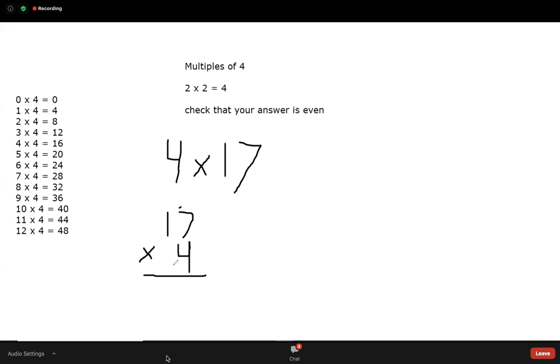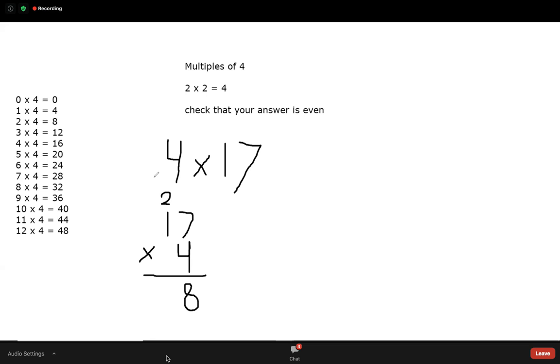So now let's go through how to do it. We want to do 7 times 4 to begin with, and that'll get us 28. So once we have 28, we're going to carry over that 2 and leave the 8 behind. Then we'll do 4 times 1, which anything times 1 is itself.